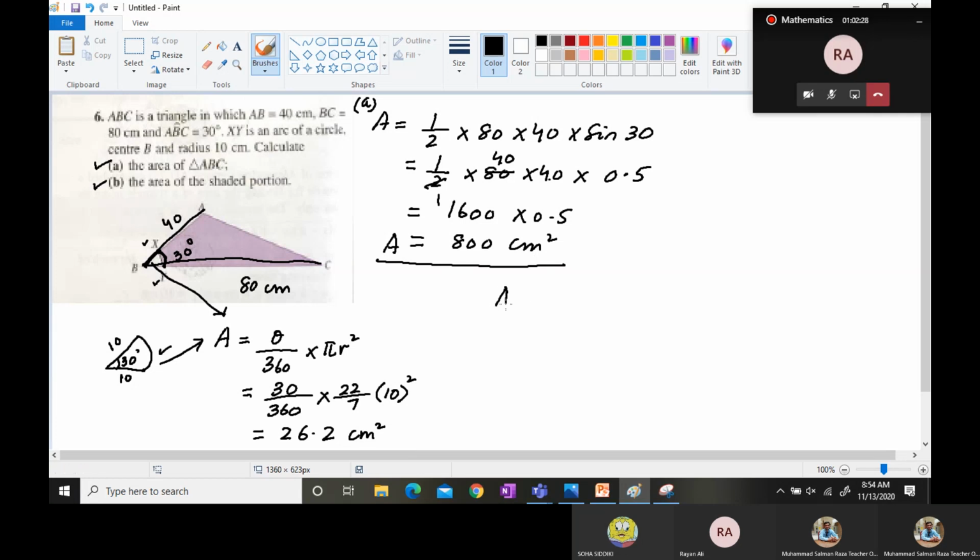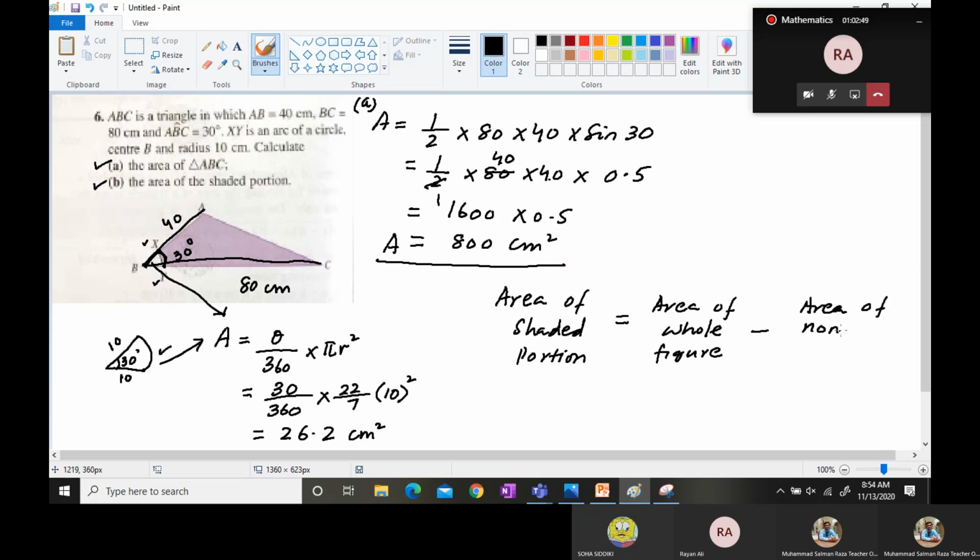In order to find the area of the shaded portion, we write: area of the shaded portion equals area of whole figure minus area of the non-shaded part, or minor sector.